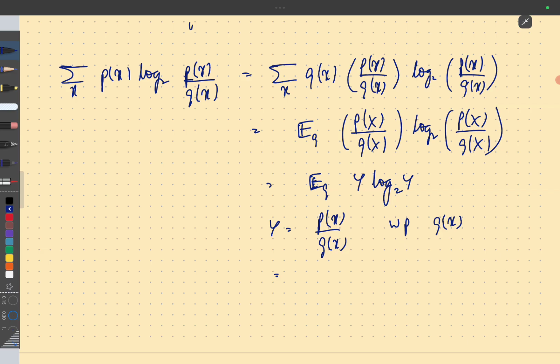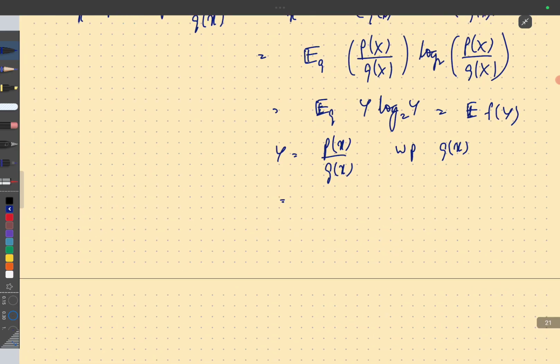This is expectation of some function f of y, where f is y log y. So using Jensen's inequality, this is less than or equal to f of expectation of y, because y log y is convex.